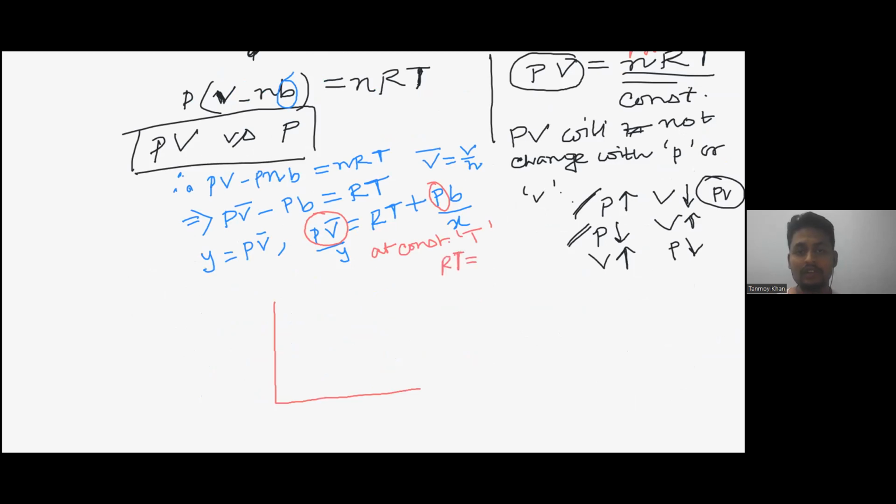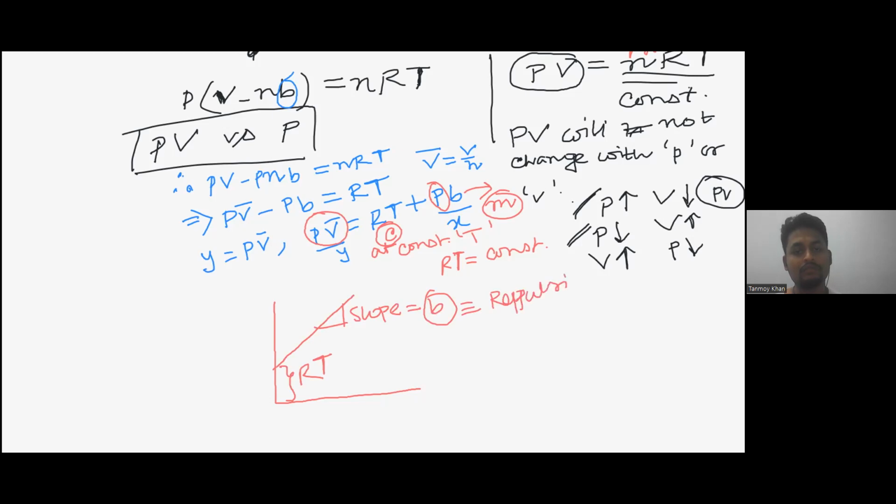So this is your C, the intercept, and this b is the M, the slope. So you will get a straight line whose intercept is RT and the slope will be equal to b, the repulsion parameter.